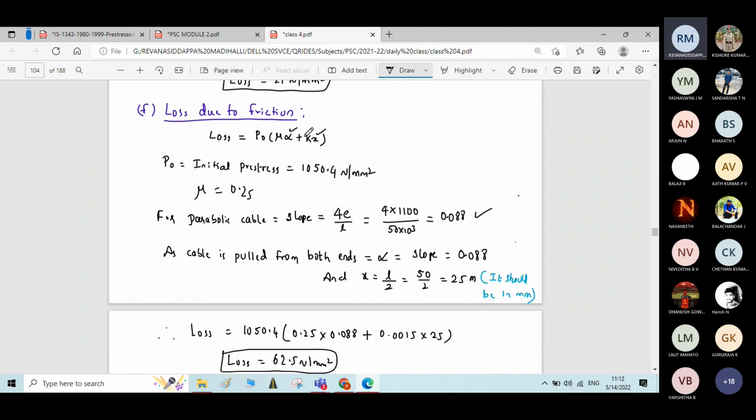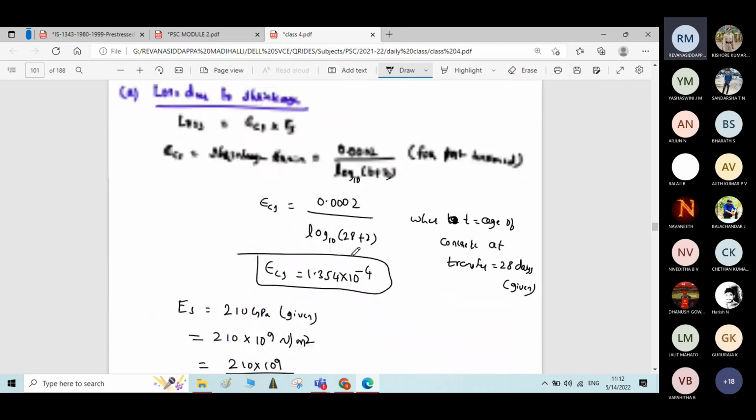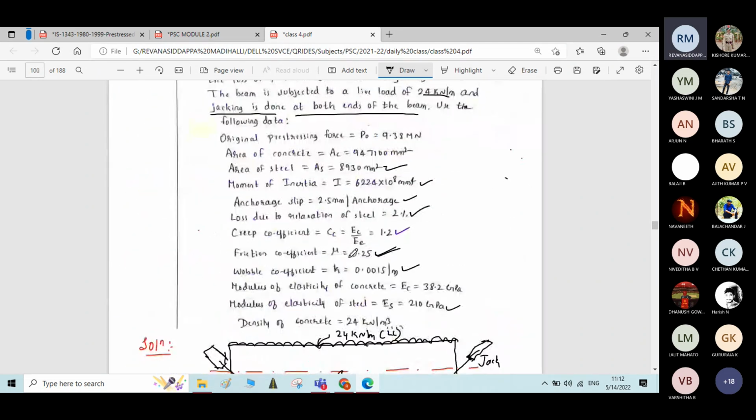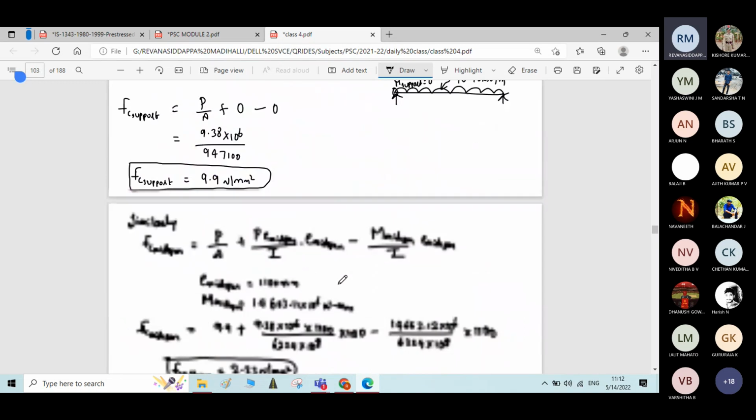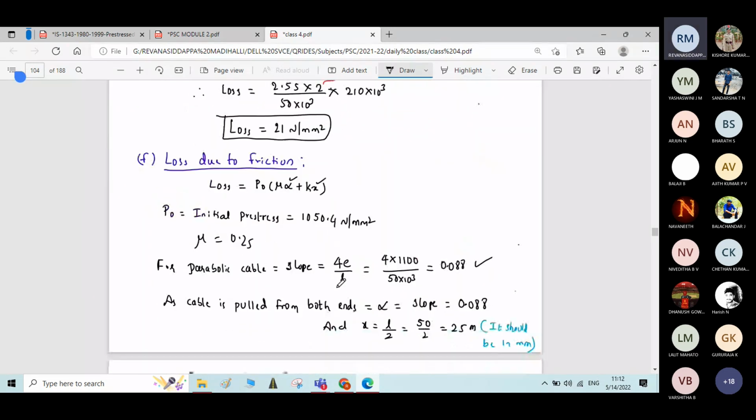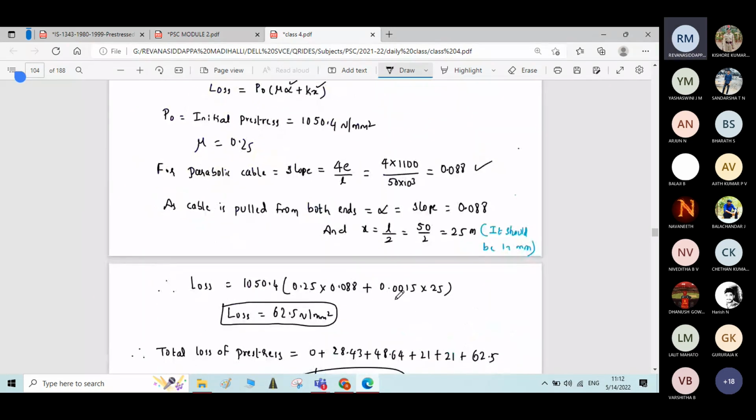K is nothing but the wobble constant, the constant of the wave effect, that is given in the problem only. K is equal to 0.0015 per meter. So K I have taken as 0.0015. Substituting all the values, we will get the loss due to friction.